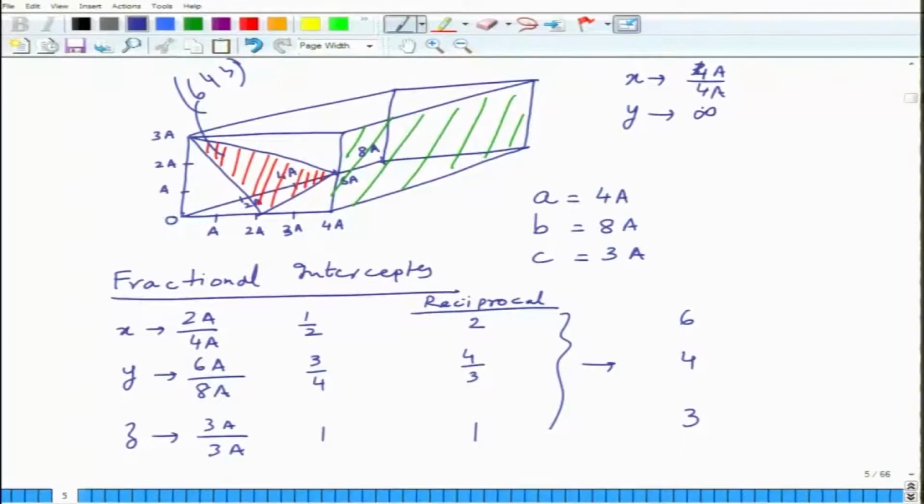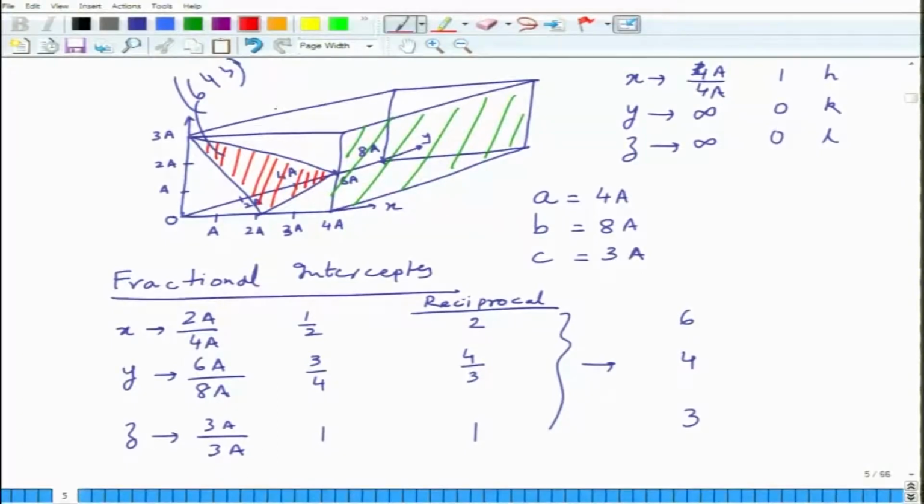Infinity. What is the fractional intercept along z? It is parallel to z. This is z, this is y, so the reciprocal is 1, 0, 0. So, this is h, this is k, this is l. This is the 1, 0, 0 plane.